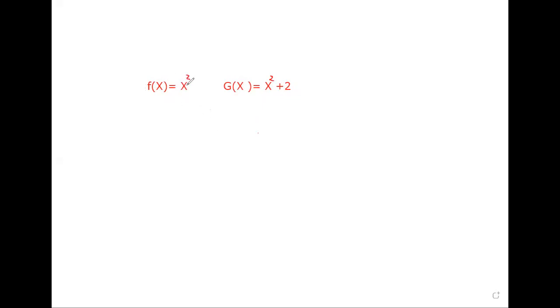It will be shifted up. How many units? 2 units, yes. Then if c is greater than 0, which means it's positive, the parabola will shift up. If I would say x squared minus 2, it will be shifted down.